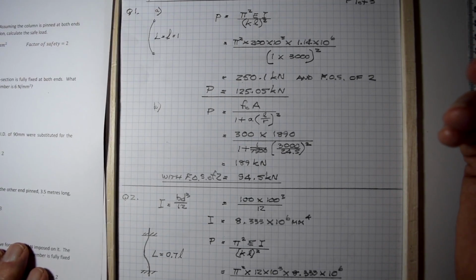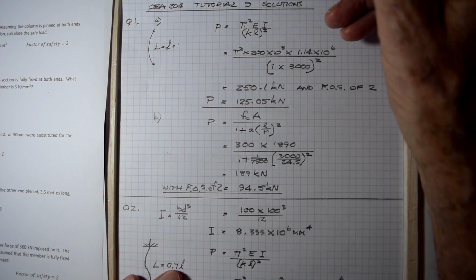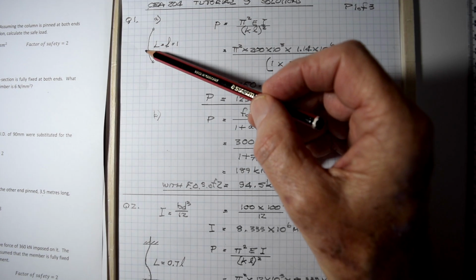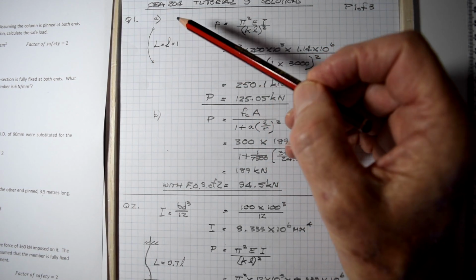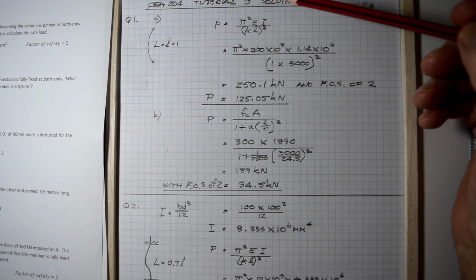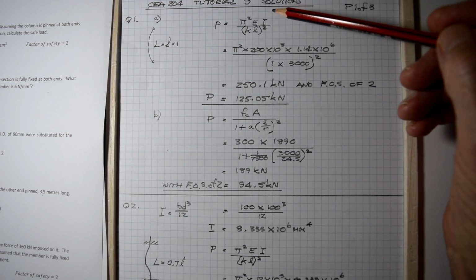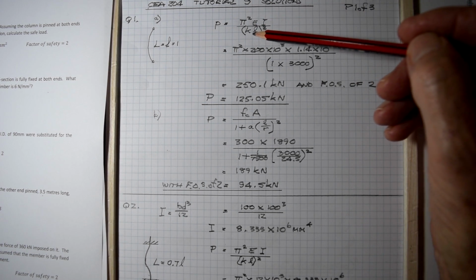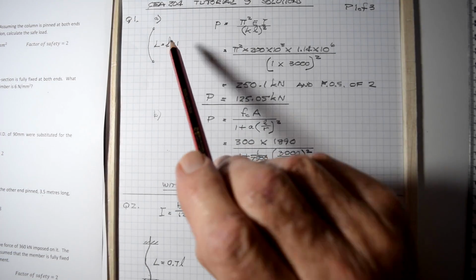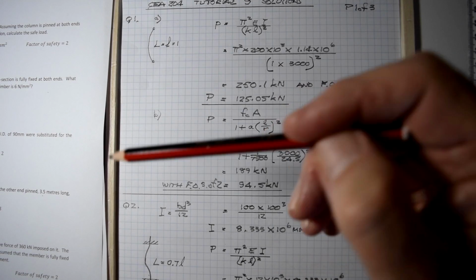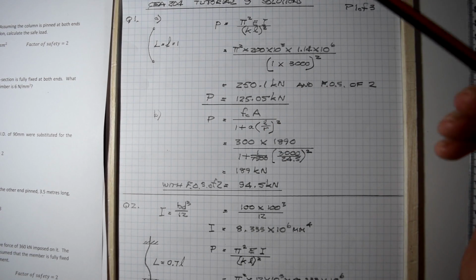So getting on to the actual solution of question number 1a, there is our column, pinned both ends, and K equals 1. We've got Euler's formula, which is pi squared EI over KL squared, K being this factor there, 1, and L being the actual length of the column, which is given to us as 3 meters.